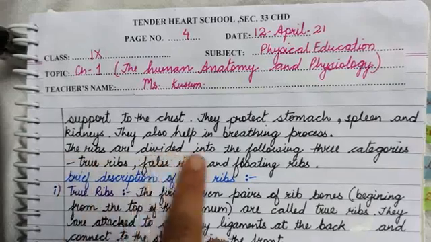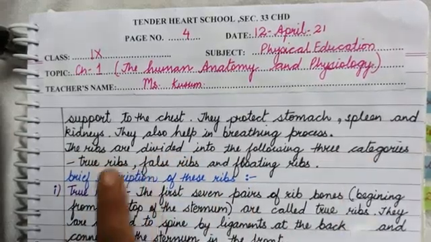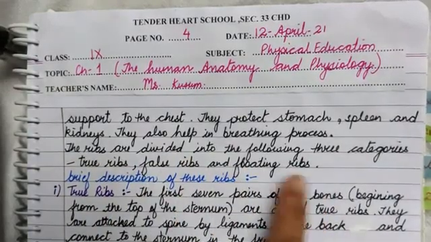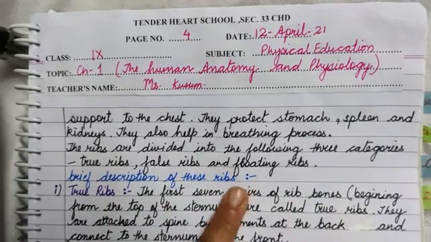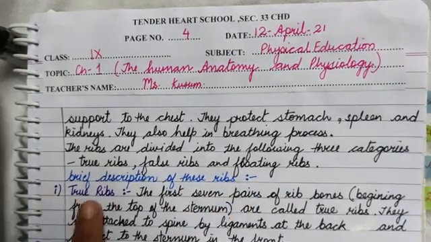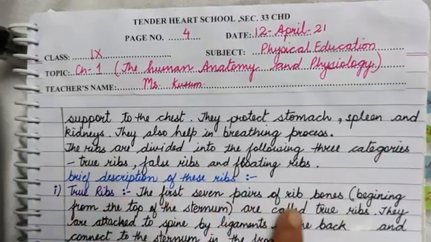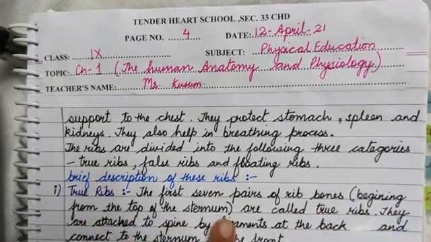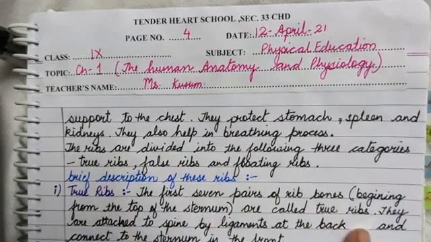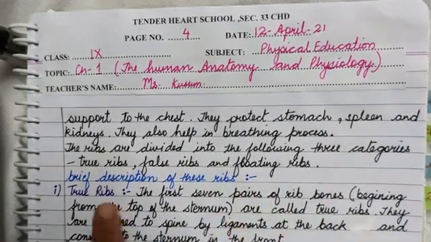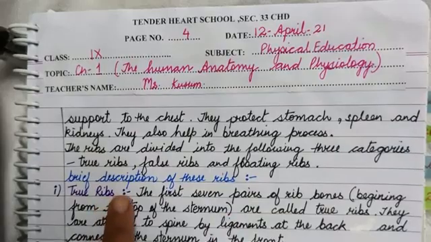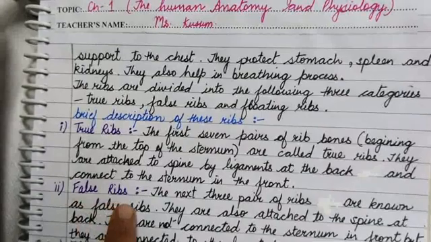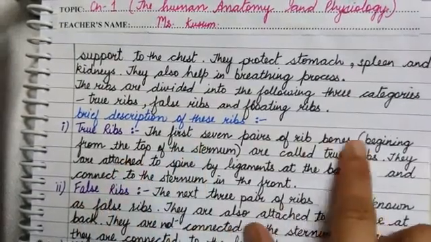The ribs are divided into the following three categories: true rib, false rib and floating rib. A brief description of these ribs. First, true rib. The first 7 pairs of rib bones beginning from the top of the sternum are called true ribs. And this is also the answer for true rib. If the examiner asks you to explain true rib or false rib, you have to write this answer.